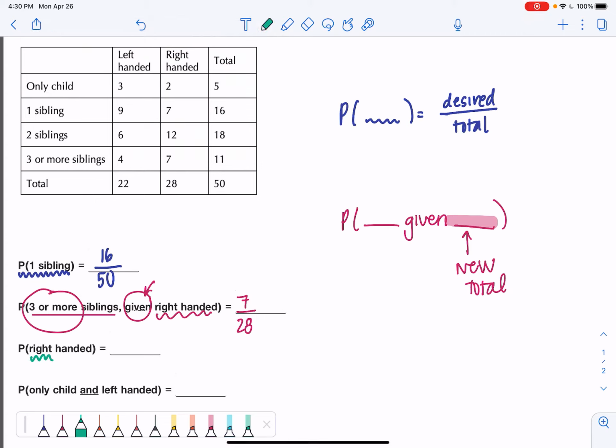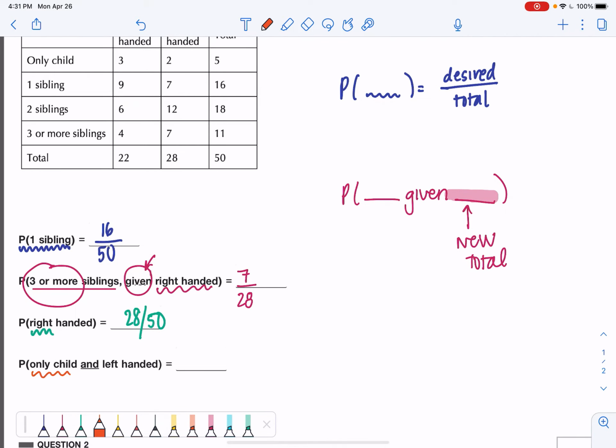Probability of right-handed. Here are all the people who are right-handed. Their total, 28 out of our total. Probability of only child.